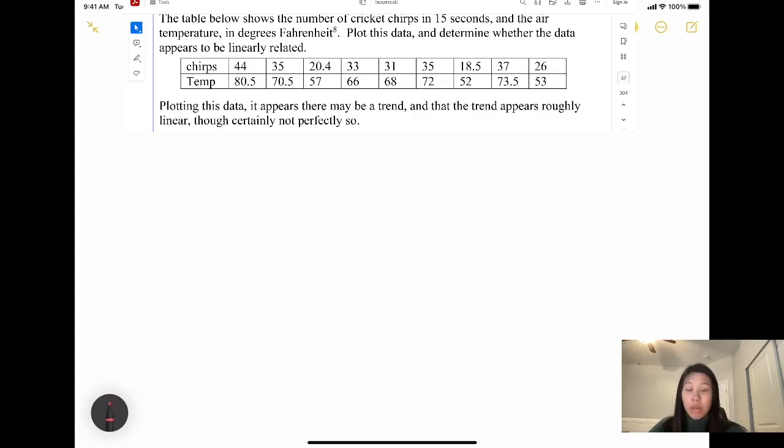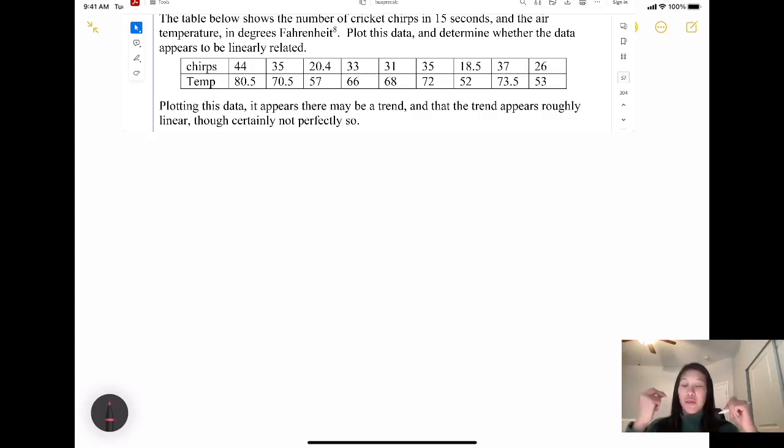The table below shows the number of cricket chirps in 15 seconds and the air temperature in degrees Fahrenheit. Plot the data and determine whether the data appears to be linearly related. So how do we interpret this table?